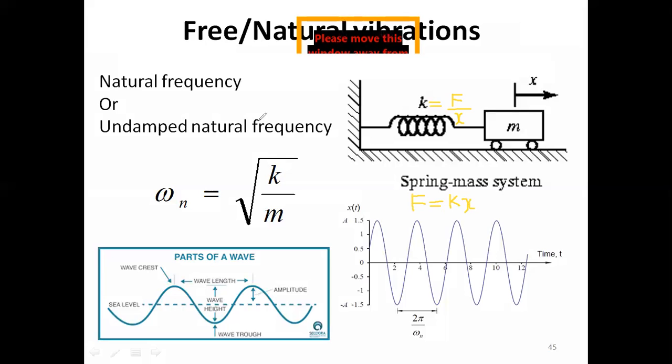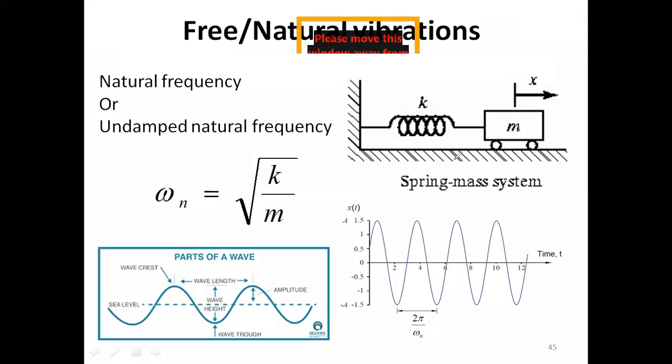So we have an undamped system, and we are vibrating that system, and it is under free vibration. The system is under free vibration, and it would be vibrating at the natural frequency.